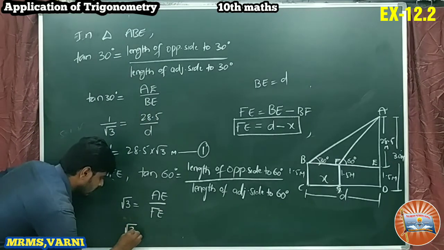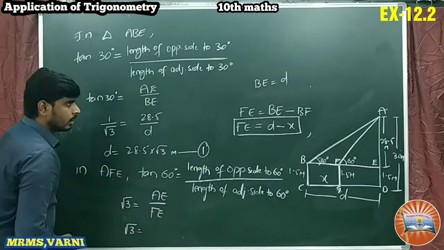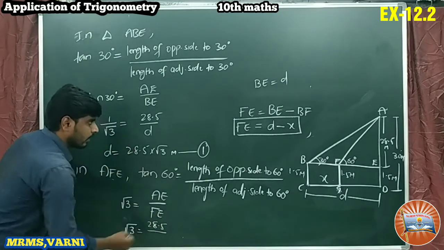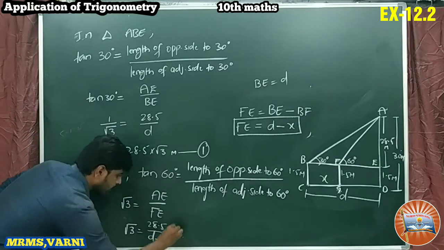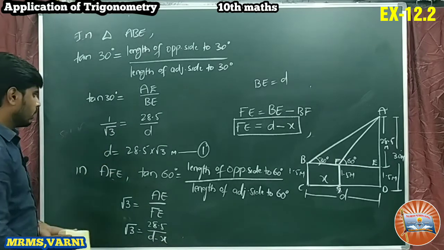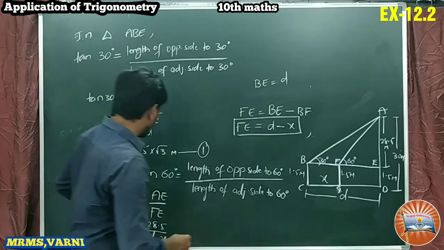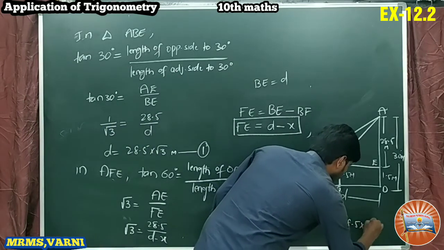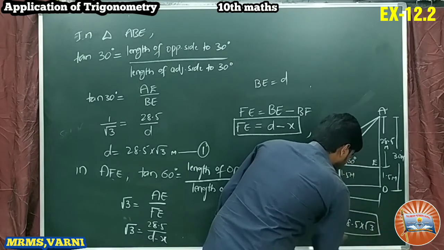Root 3 is equal to AE, that is 28.5 by FE value D minus X. Remember this value: D is equal to 28.5 into root 3, equation 1.